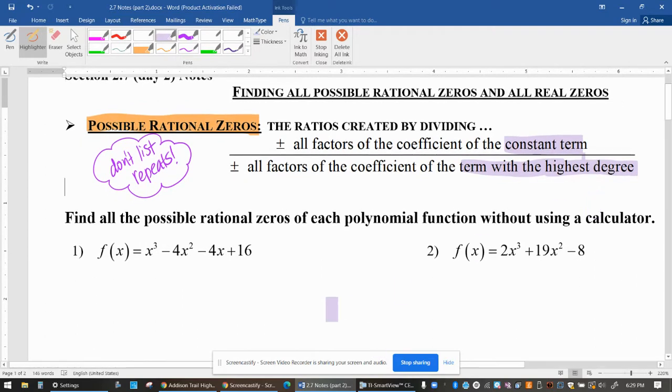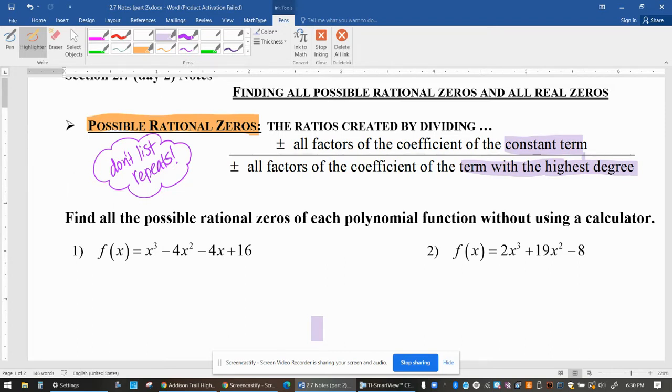All right, take a minute to read the directions for 1 and 2. Notice that they're not asking you to find all the real zeros, as in the previous lesson that we've learned.